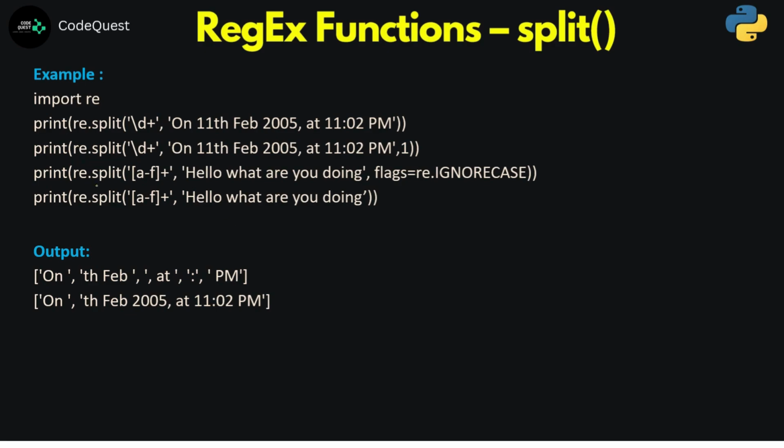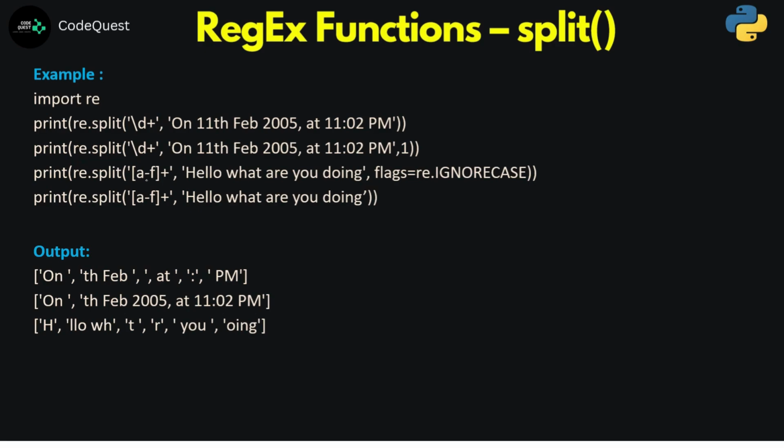Now coming to the third one, where the pattern is [a-f]+, meaning any lowercase characters between a and f, and if it is found, then from there the split has to happen, one or more occurrences. As we can see, in 'hello', an e is found here.